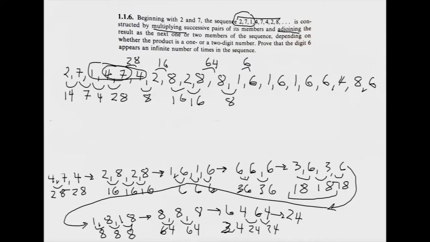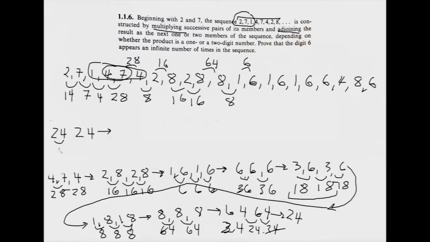So we were here at 6, 4, 6, 4. Okay, and that was going to generate 2, 4, 2, 4. Now again, I'm not going to write the last set of 24 because I don't want to have to write more digits than I need to.